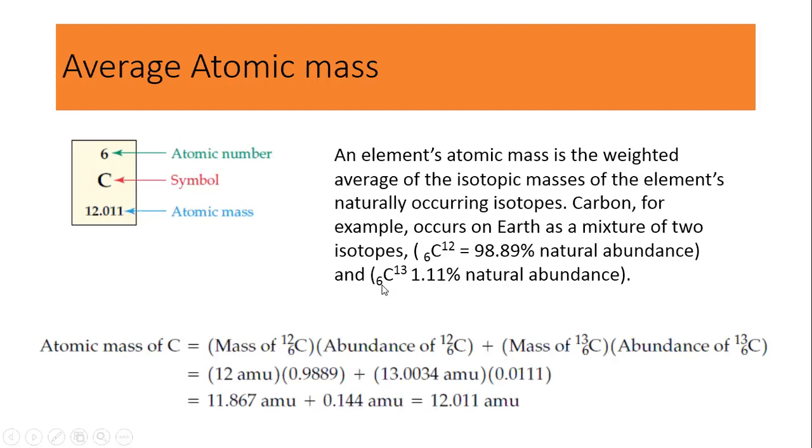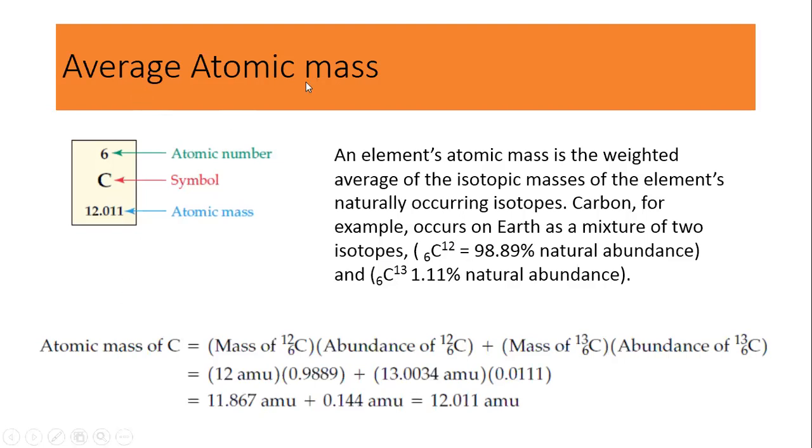That means the number of protons is 6, but the number of neutrons in carbon 6 12 is 12 minus 6, which is 6, and 7 in the case of carbon 6 13. So that's why these are called isotopes. Again, isotopes have the same number of protons but different numbers of neutrons.